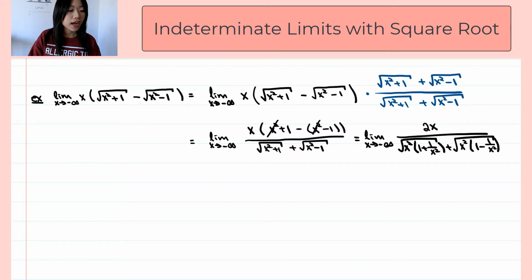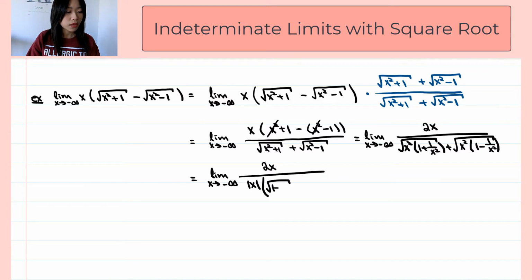Then we can factor out the square root of x squared, which is absolute value of x. So this equals the limit as x approaches negative infinity of 2x over absolute value of x times (square root of 1 plus 1 over x squared plus square root of 1 minus 1 over x squared).